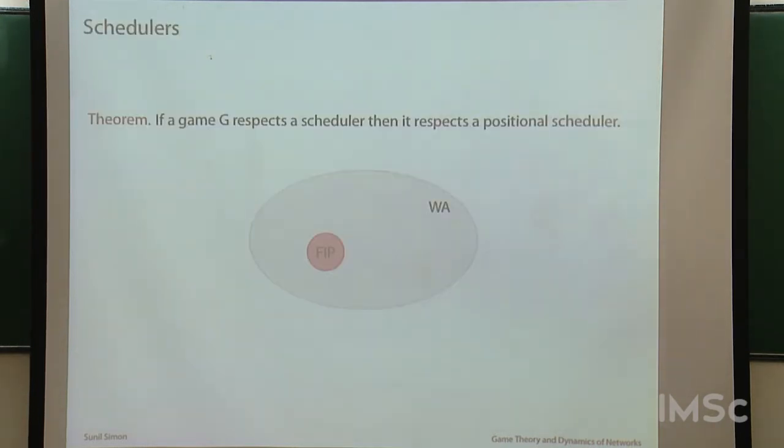So the picture that you have is you have games with finite improvement property, which is of course contained in the weakly acyclic games, because every game with finite improvement property is of course a weakly acyclic game. And for lack of imagination, let's call what we have just defined the class sched. So this contains FIP, because any game with FIP of course has a scheduler which terminates. This is contained in weakly acyclic games.